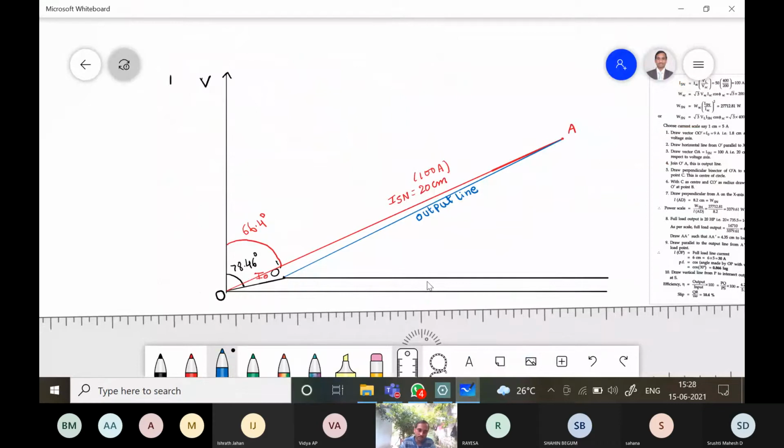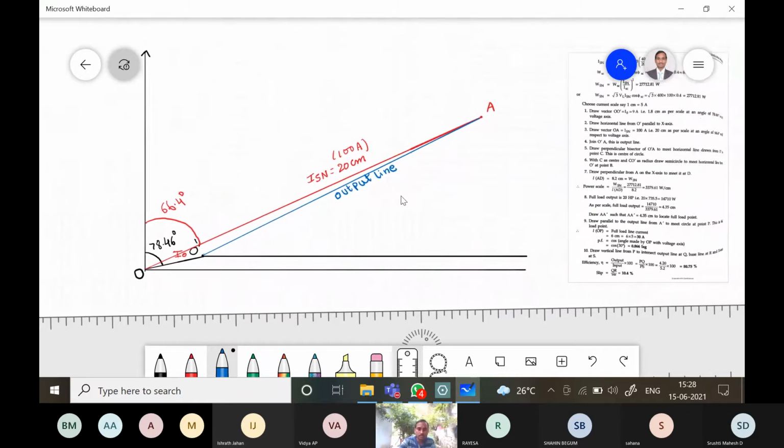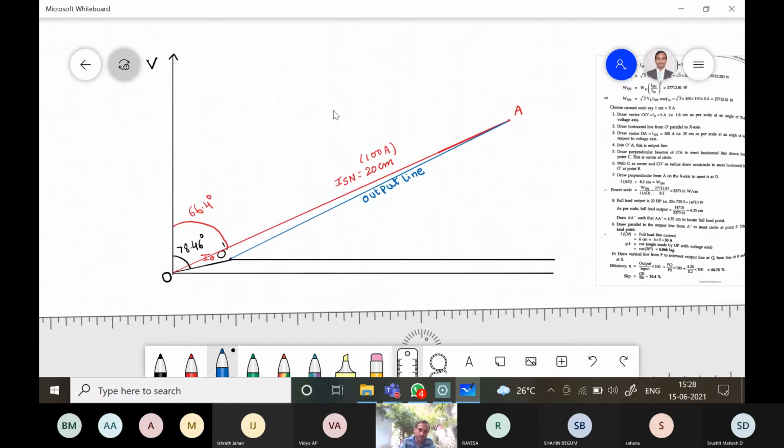For the perpendicular bisector, take a compass and take more than half the length of this output line. Taking O dash as a center, draw an arc here.